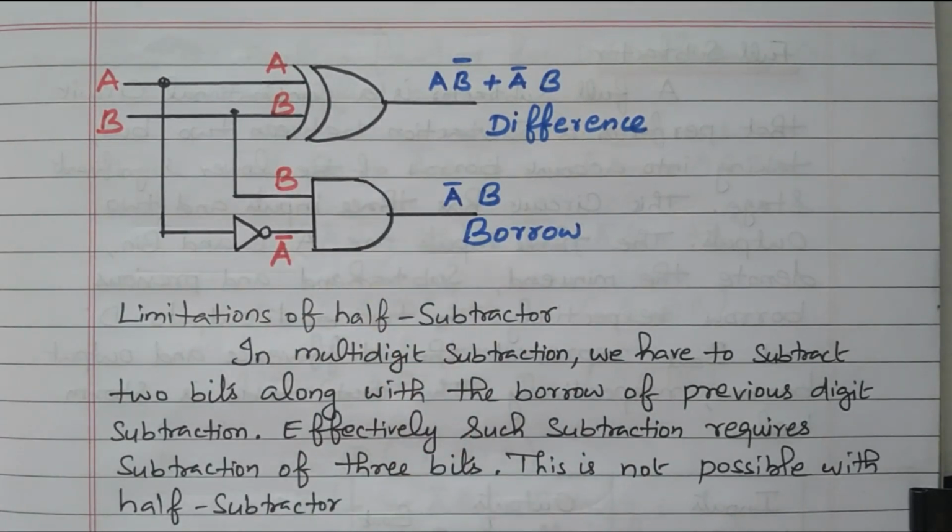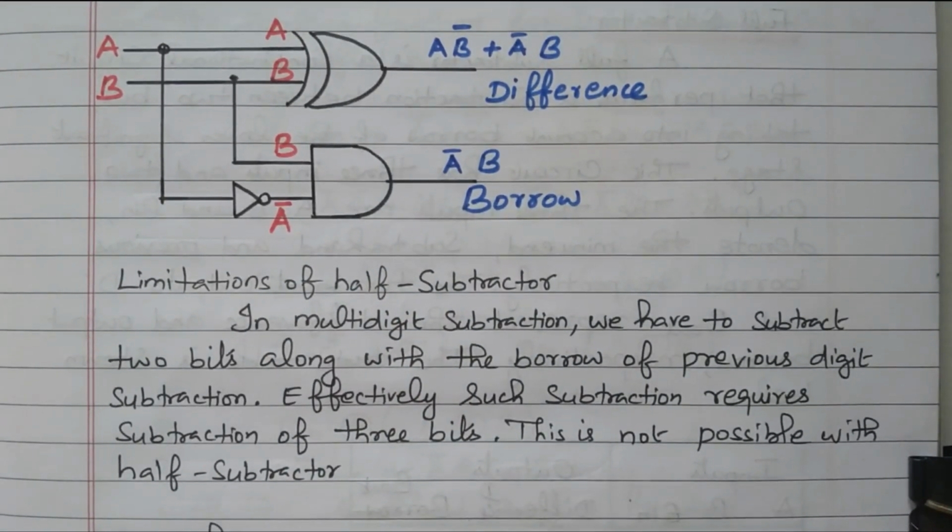Now we will see some of the limitations of the half subtractor. In multi-digit subtraction, we have to subtract 2 bits along with the borrow. While subtracting, the borrow is available, so definitely we need to take the borrow into account. So 2 bits along with the borrow is what is practically needed.